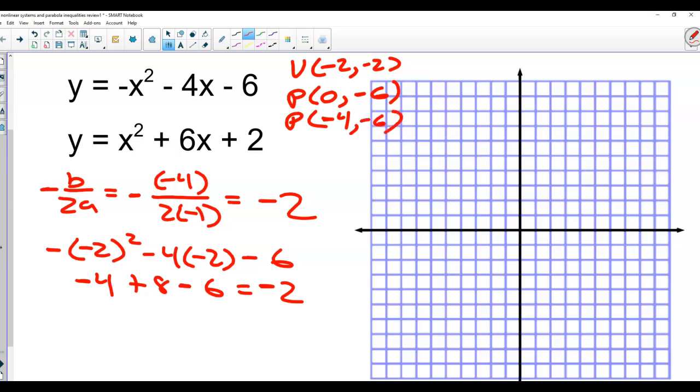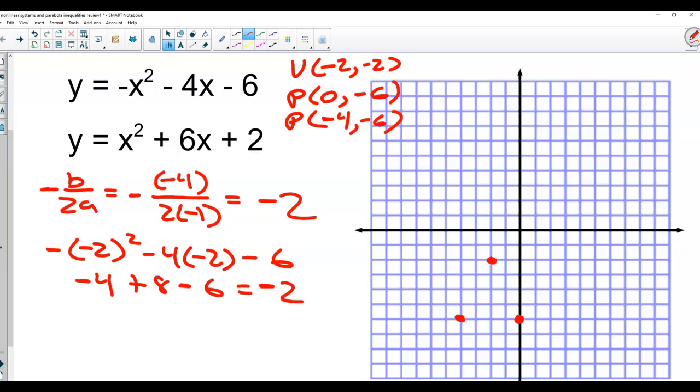When I go to graph that, negative 2 is right here. 0, negative 6. Negative 4, negative 6. Now, when it's equalities, we're looking for a point of intersection. It might not be a bad idea to find some of the other points on your parabola.